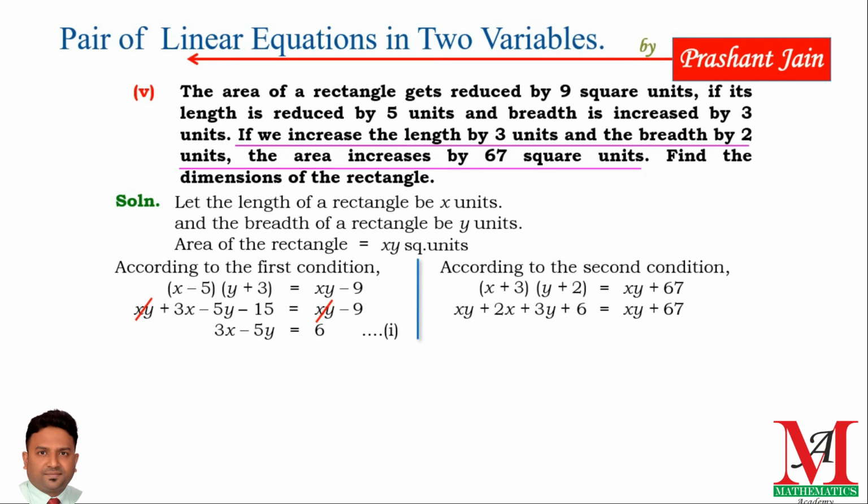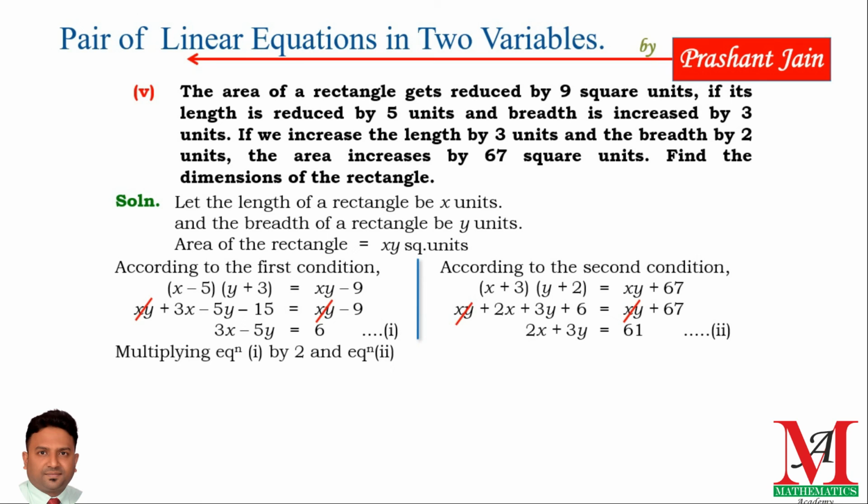On solving these two, again xy cancel with each other and the remaining equation is this. So now multiply equation first by 2 and equation 2 by 3 and then subtract. It means we are using the elimination method here. After multiplying equation first by 2 we get this equation.